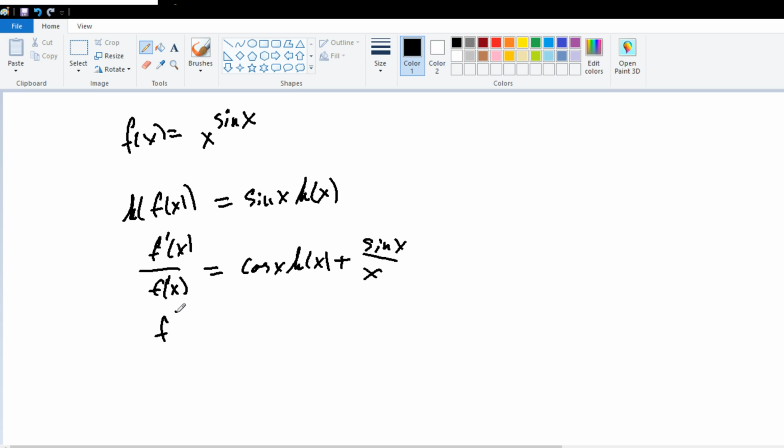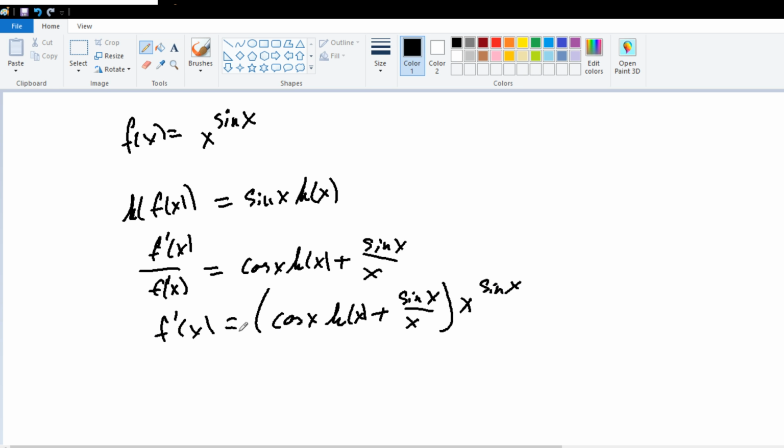And now to find f prime of x, we just multiply both sides by f, but f equals x to the sine x, so we get cosine x natural log of x plus sine x over x, times x to the sine x. This is our derivative.